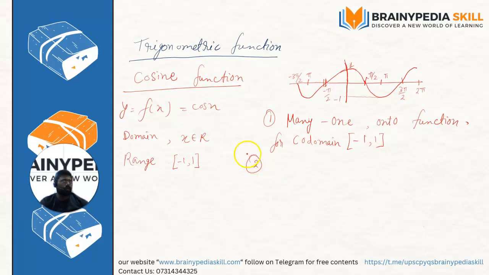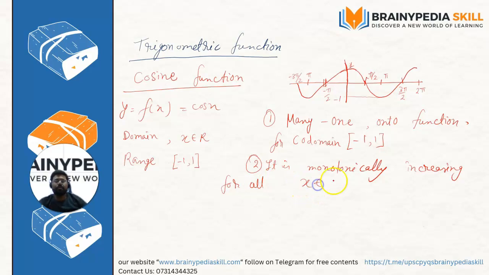So it is monotonically increasing for all x belongs to 2n pi minus pi comma 2n pi.